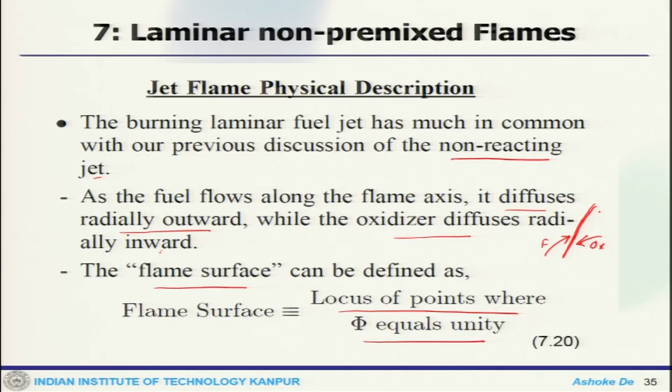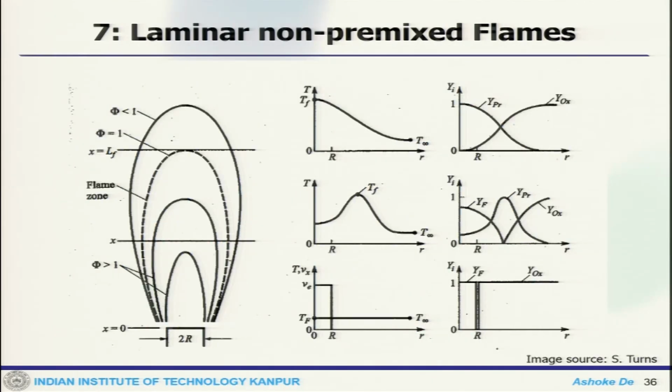Now, this is the burning jet, this is the jet diameter and jet exit or the nozzle exit, and this dotted line. So, fuel is coming from this side and goes like this, oxidizer comes from that side.